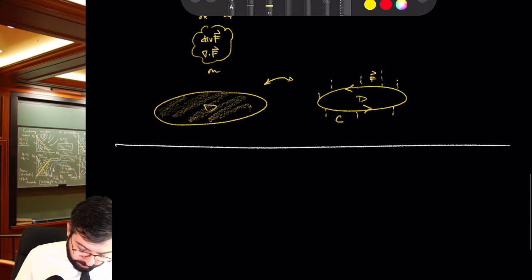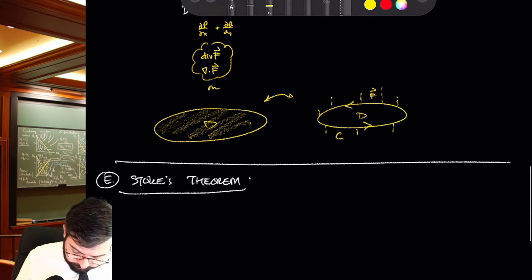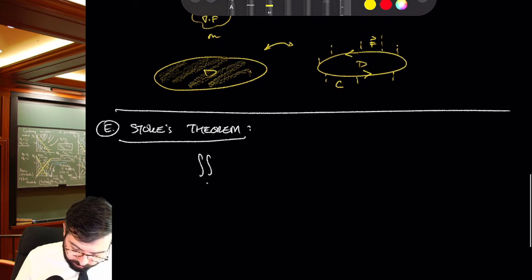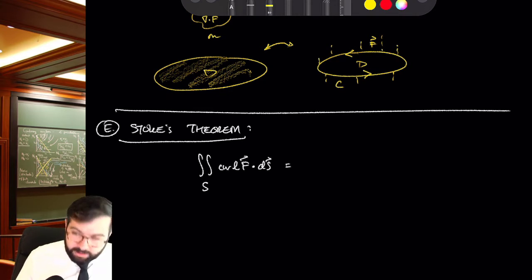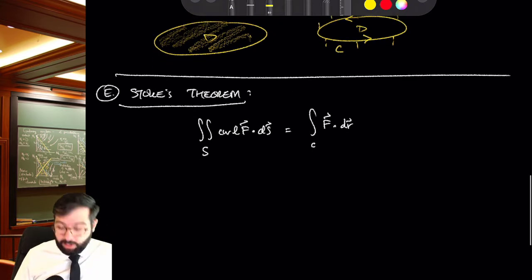And then lastly, we looked at Stokes' theorem, which was last time. And what did Stokes' theorem say? Well, it said the integral on a surface of the curl of f dS is equal to the line integral around its boundary curve, right?